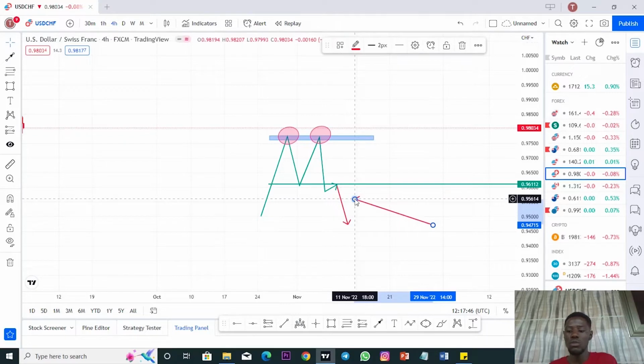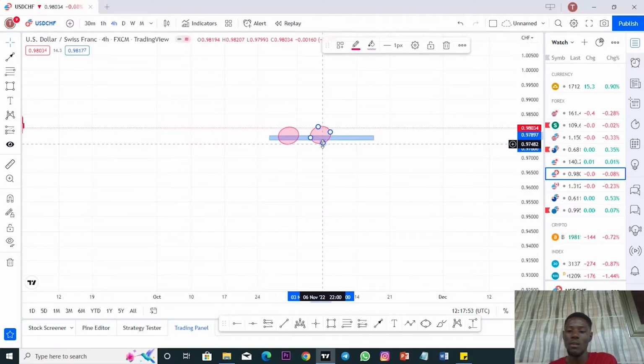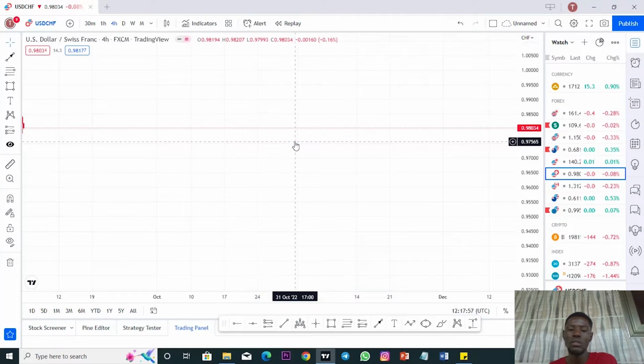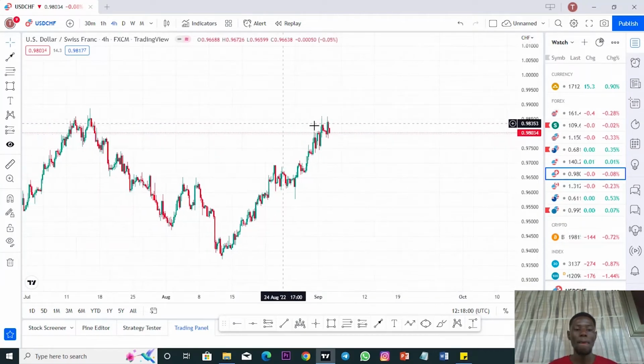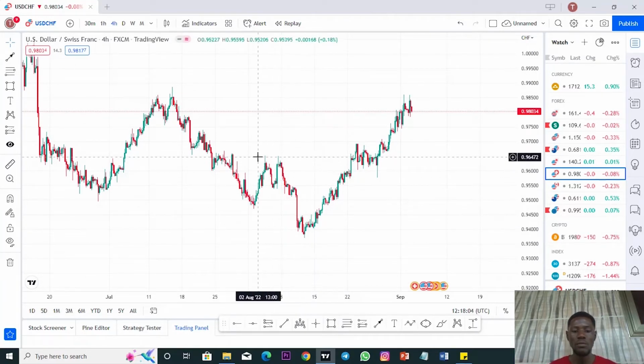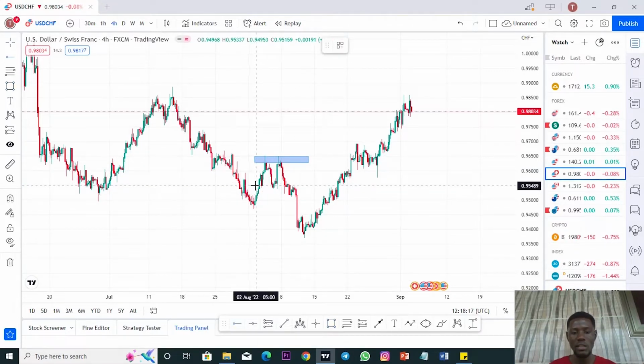So let's move to the actual chart and let me show you some of the double tops created. You can see we have a double top here. You can see a double top created very nicely here, and here is our neckline.